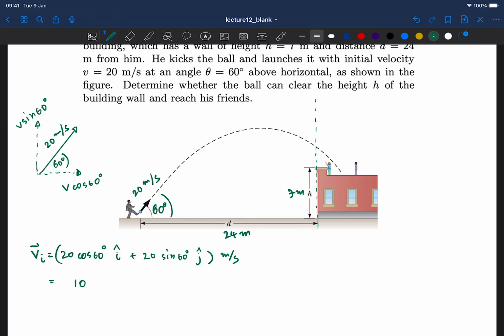Cosine of 60 is a half, so half times 20 is 10. So it's 10 horizontally plus sine of 60 times 20, that's 17.3 in the j component.